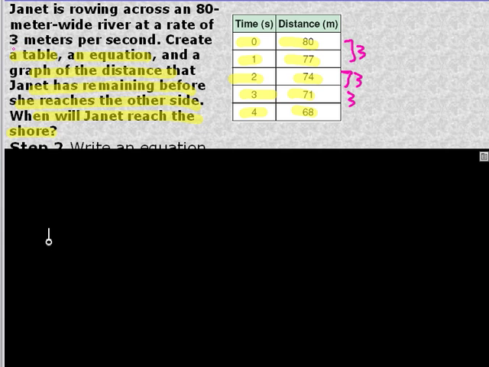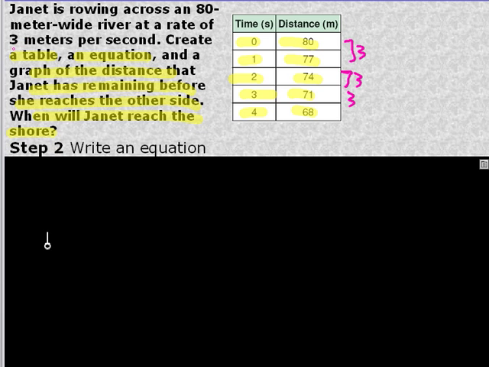And how do we write a linear equation? Well, you could use point-slope form or y equals mx plus b form, whichever way you prefer. So we want the distance remaining, distance at time t, and that's going to be equal to, we start out with 80, that's our y-intercept, minus 3 meters times our time.